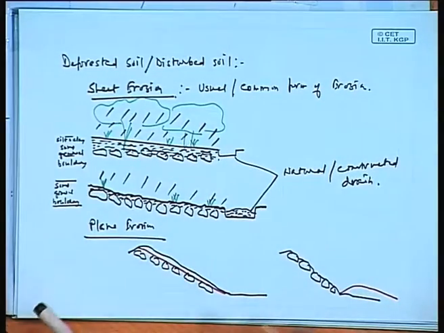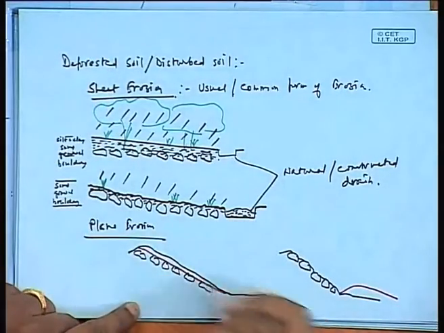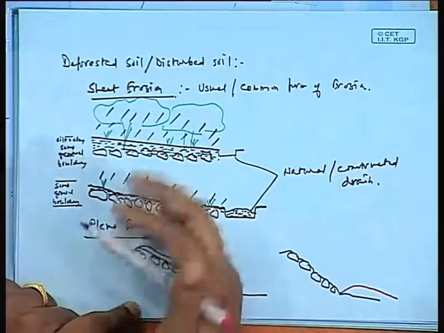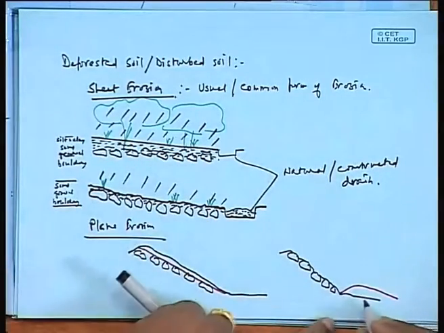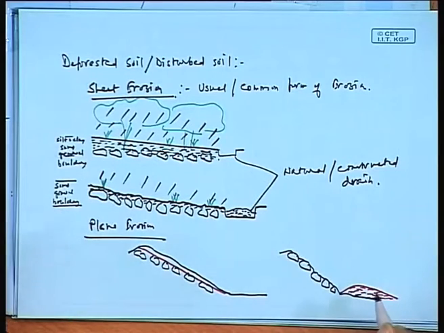This is called plane erosion, where a large volume in the planar form would generally slide down. This is almost similar to sheet erosion.